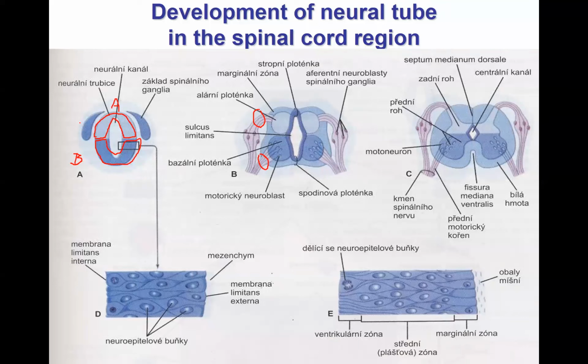The structure here is neural crest, and the neural crest then forms the ganglion, which is visible here, the spinal ganglion. But now we are going to talk about the spinal cord, and we will see this arrangement here in spinal cord. That means the anterior horns are motor from basal plate, the posterior horns are sensory from alar plate, and the lateral horns are half motor, half sensory, but they are sympathetic and parasympathetic, so they are visceromotor and viscerosensory.